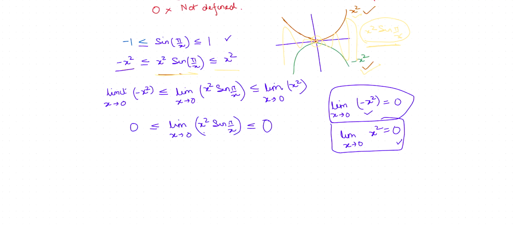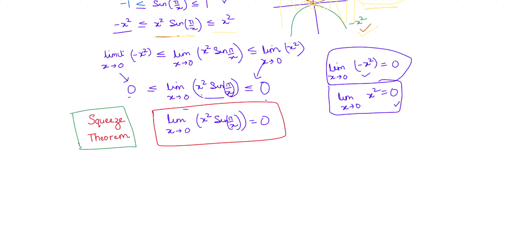Now as we substitute the values on both sides, we see that the limit of x square sine pi by x is greater than or equal to 0 and less than or equal to 0. It means it should be 0. Thus, the limit of this function is 0. So we found the limit using the squeeze theorem, or sandwich theorem. It is also known as pinching.